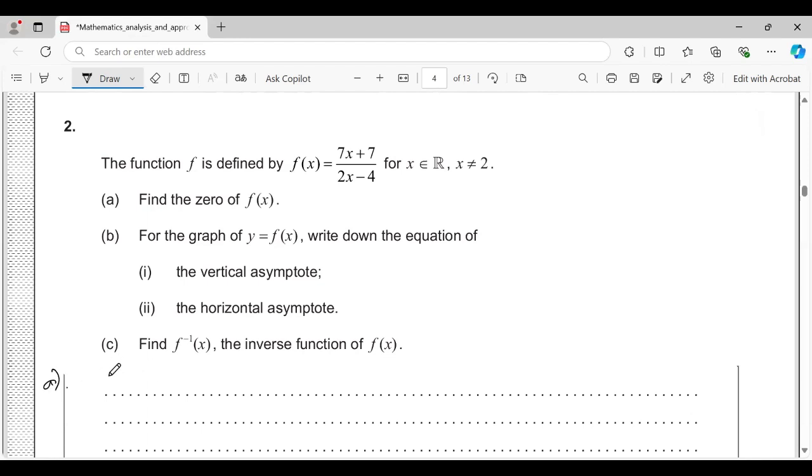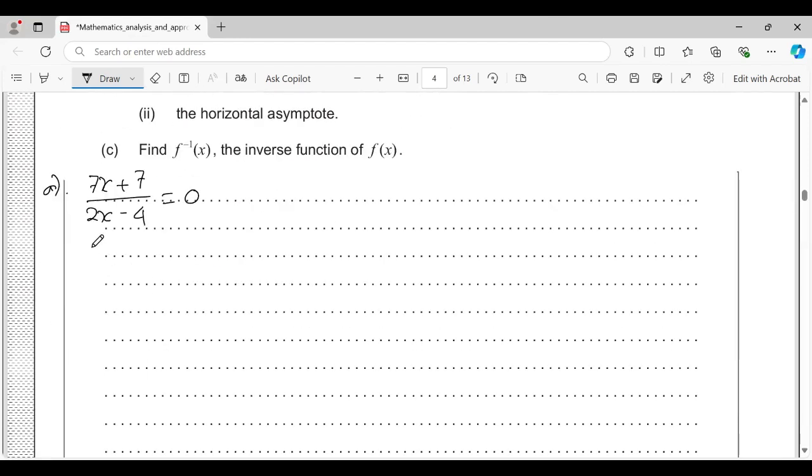The zero of f(x) means 7x plus 7 over 2x minus 4 equals 0, so 7x plus 7 equals 0 multiplied by the expression 2x minus 4. So 7x equals -7, x equals -7 over 7, so x equals -1.